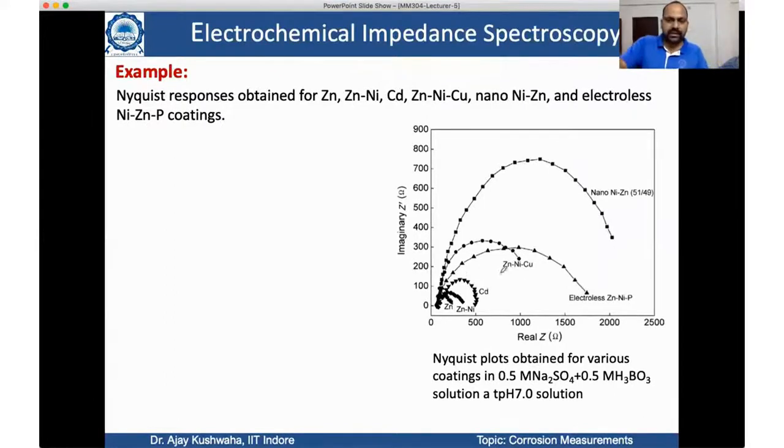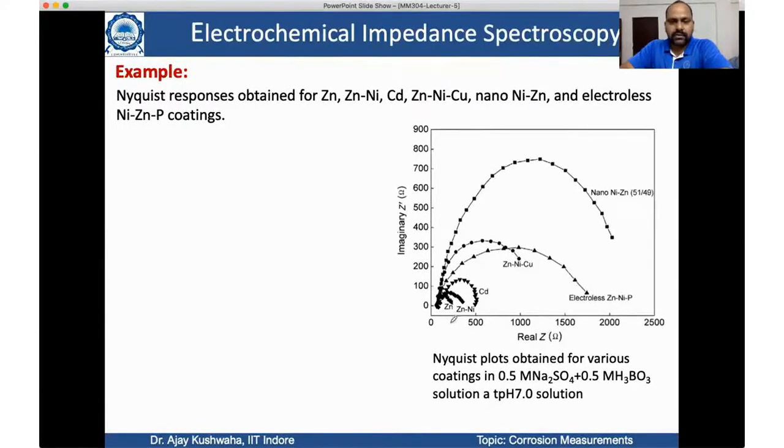So this is the real data: the Nyquist plot obtained from various coatings in 0.5 molar Na2SO4 plus 0.5 molar H3BO3 solution at pH 7.